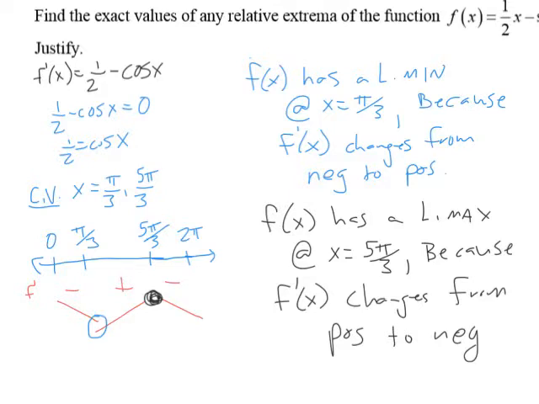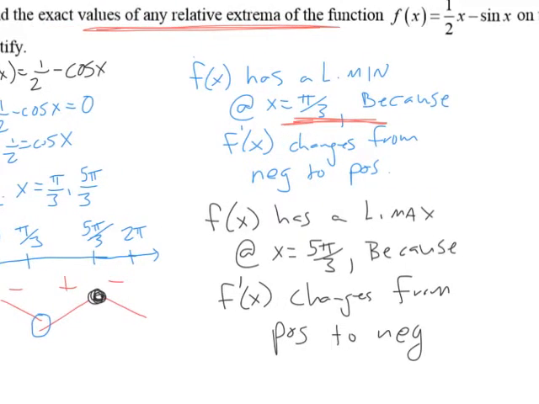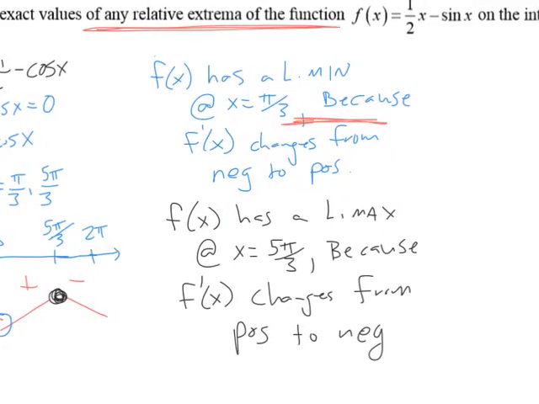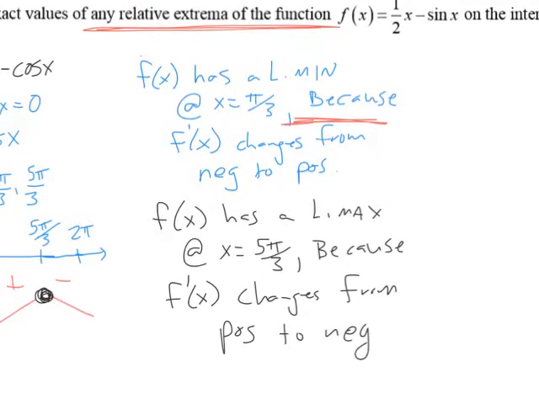And the question says, find the exact values of any relative extrema. So we only found the location. So we need to figure out what is the actual value. So let's scoot this over. f of x has a local min at pi thirds.